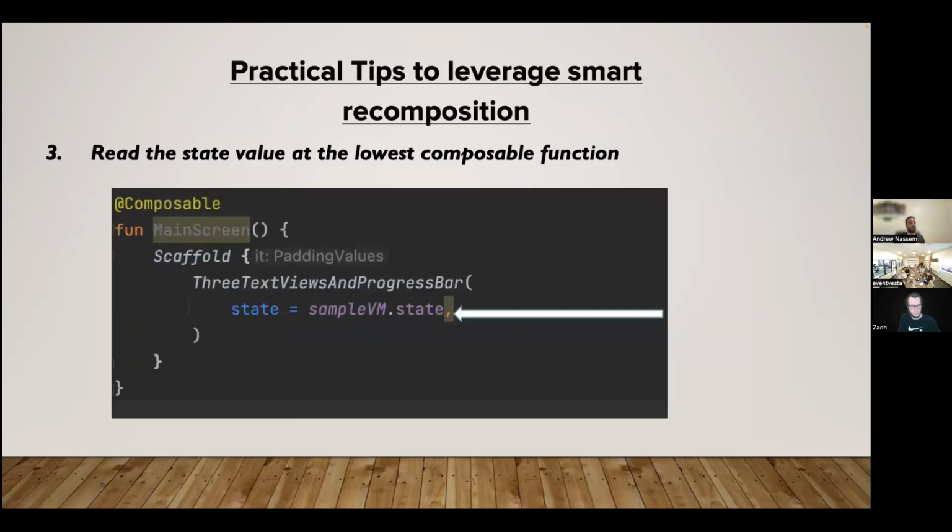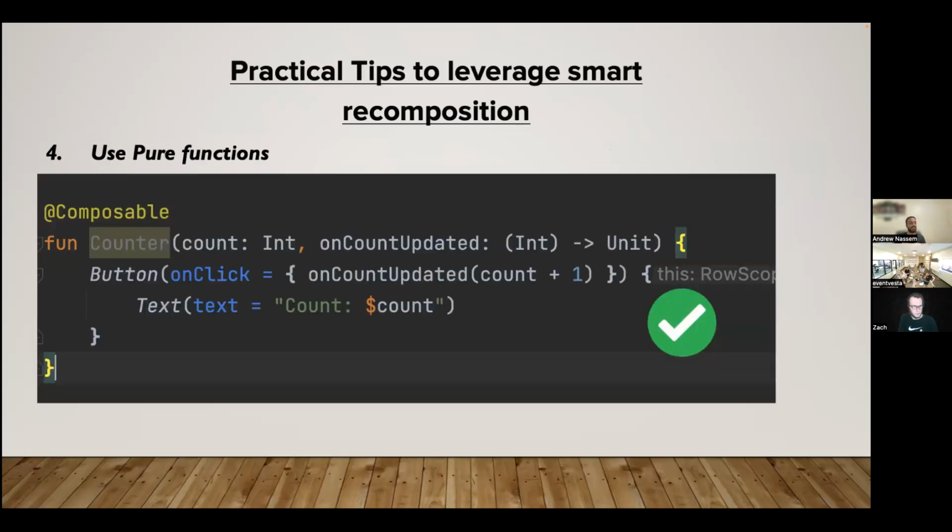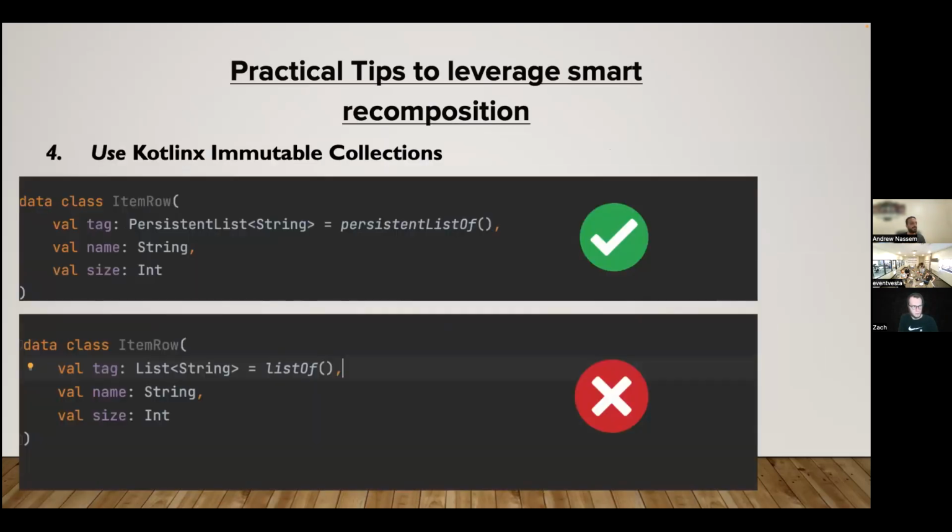Unfortunately, compose defines the collections as unstable, and you have to use the Kotlinx collection instead of the Java collection in your state object.